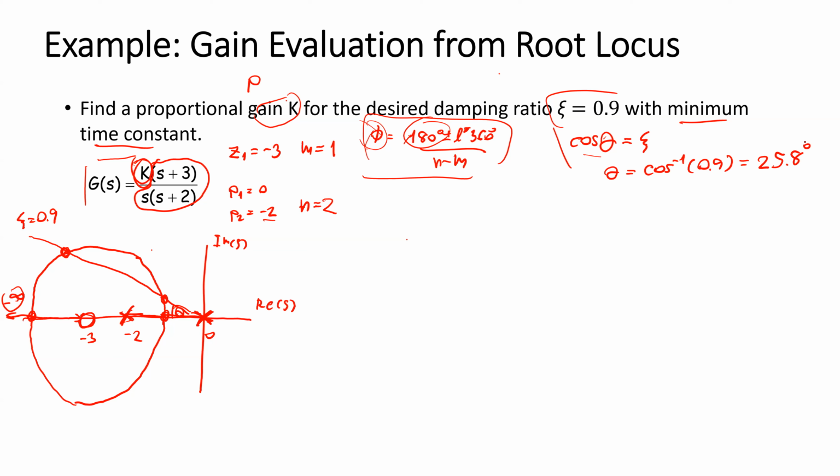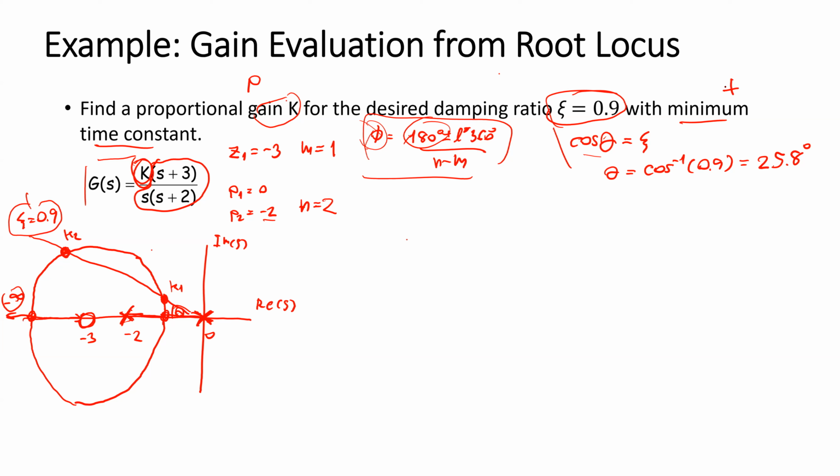So if we pick the gain K, and the system still has the desired damping ratio, we may have two possible values because a constant damping ratio line crosses the circle with two intersections. At gain K1 and at gain K2, it crosses the circle at two intersection points.